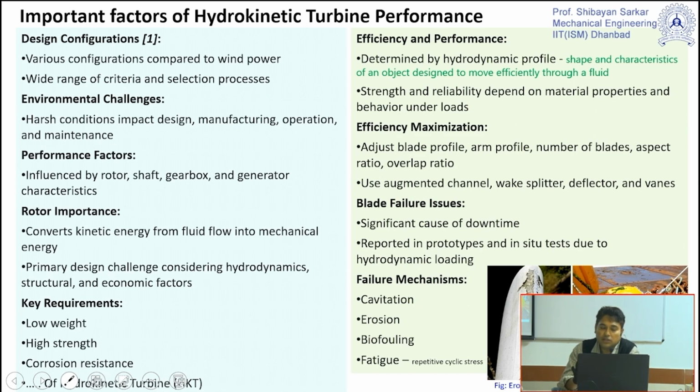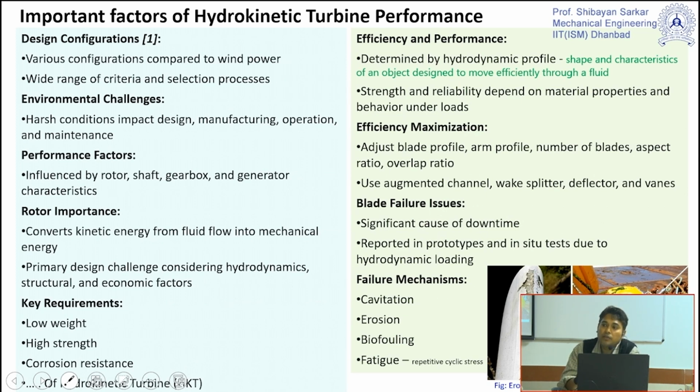So based on this, you have to consider some design characteristics for this particular turbine. Then environmental challenges, because a hydrokinetic turbine will always be immersed in the water. So you have to consider the corrosive property. You have to select a material which should not be prone to corrosion.